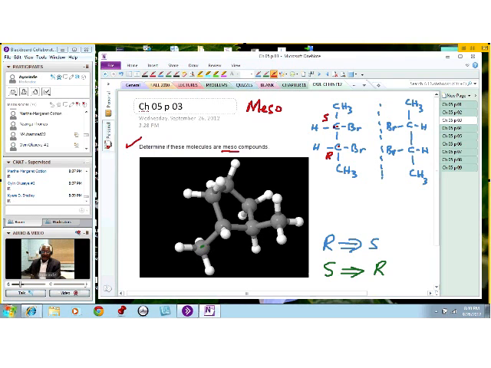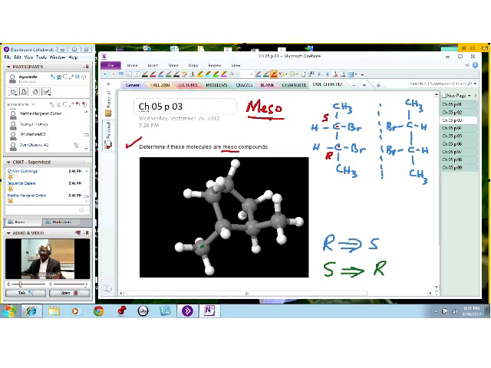Is that clear? If it is clear to you, give me a happy face. Okay, so you can use that to determine whether a molecule is a meso molecule or not a meso molecule.